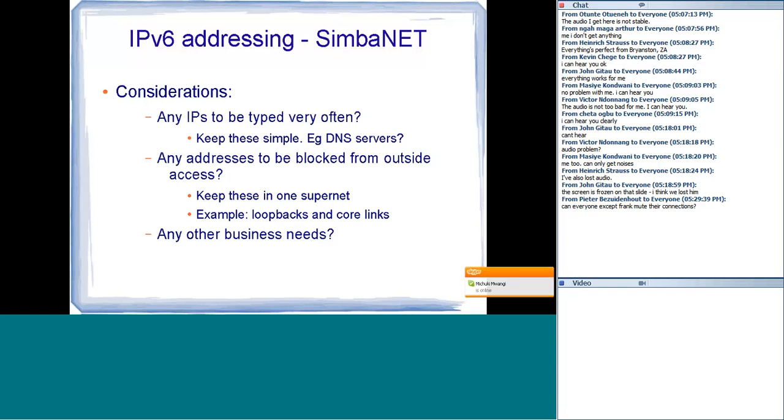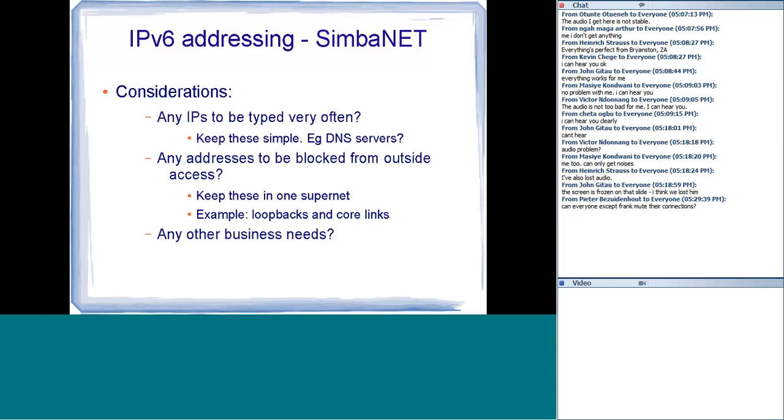Then another consideration would be, do you want to block in your network border incoming traffic to all your core network addresses, all your loopbacks, so that nobody from outside who doesn't have any business with you can directly attack your servers, your routers and your infrastructure?